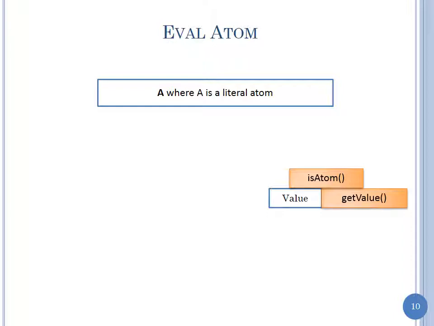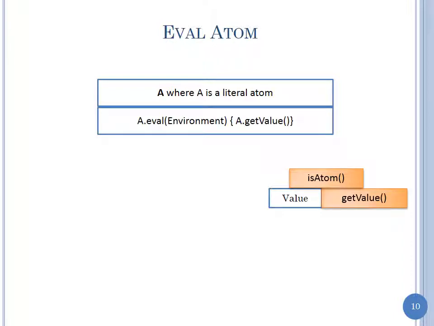Get value. Just return get value here. You get 20% points for giving this answer in an exam. In fact, if you do this, your compiler will complain.